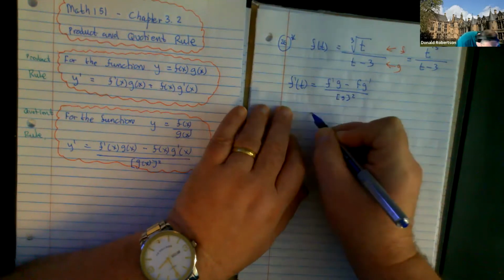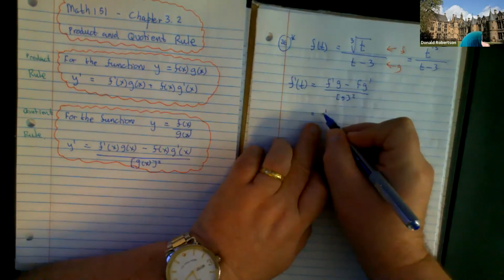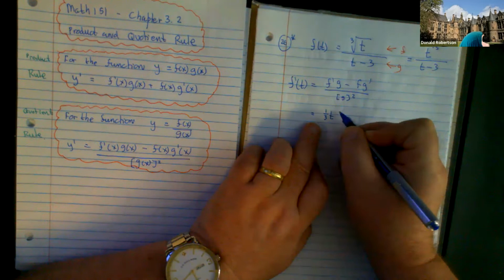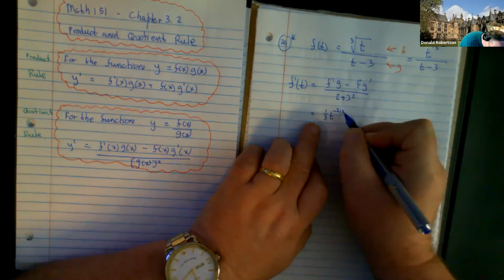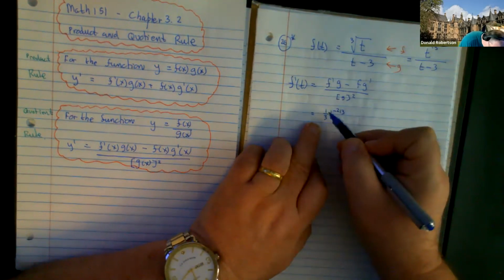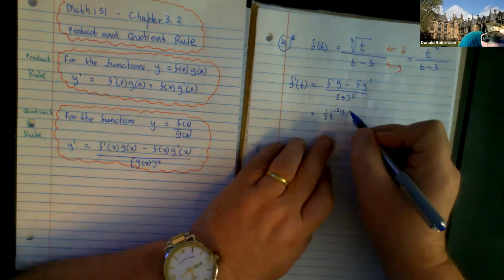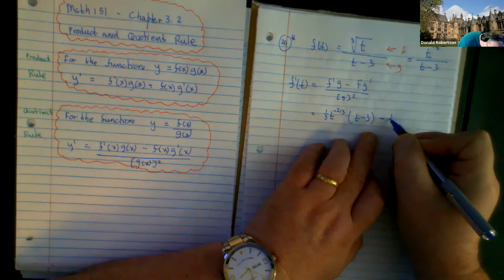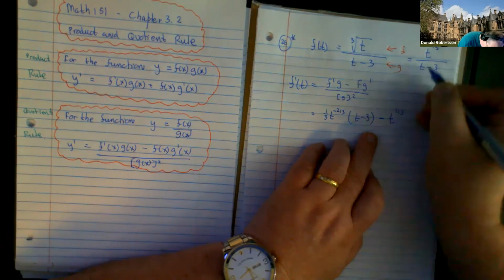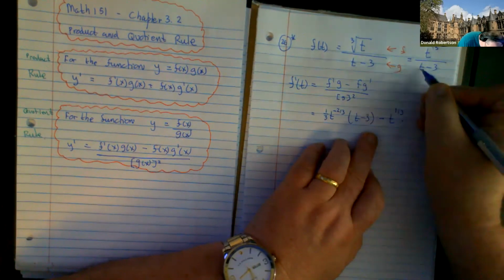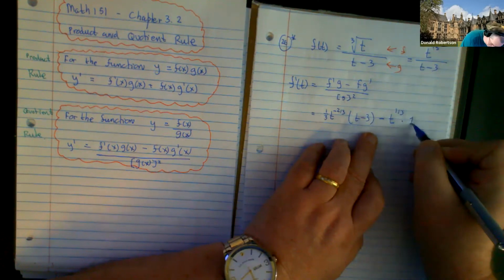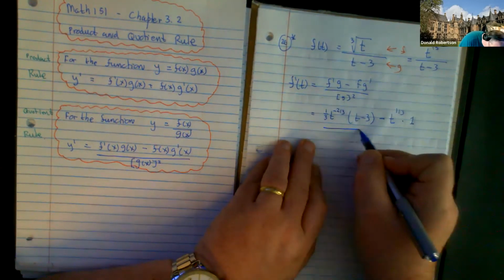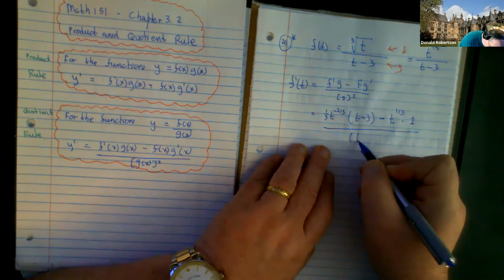Okay, if you differentiate the top, you get 1/3 t to the -2/3, right? Multiply by the power and reduce it by 1. Leave the second guy alone. Take away, leave the top guy alone, that's him, and differentiate the bottom, which is actually just 1. And all over the bottom squared.